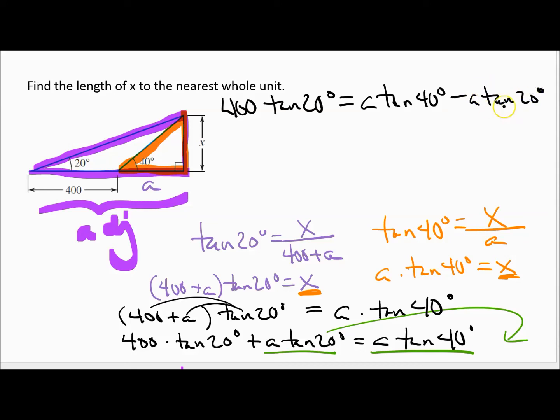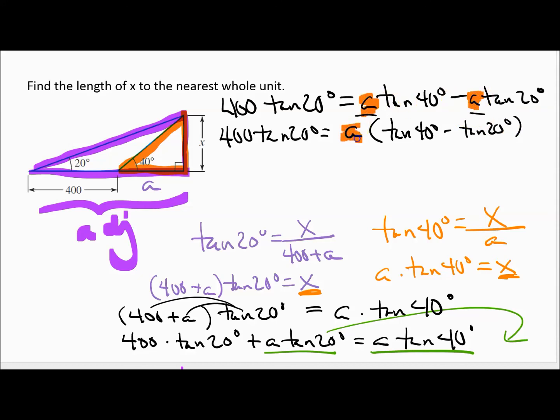Now notice these both have an a in it. I'm going to factor out that common a. So now I have 400 times the tangent of 20 degrees is equal to a times the tangent of 40 minus the tangent of 20. Notice what I did? I just factored out the greatest common factor, so I factored that guy out front right here.